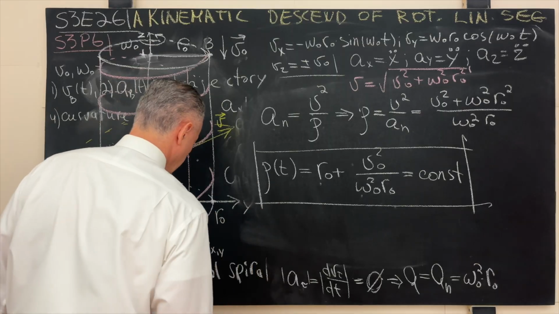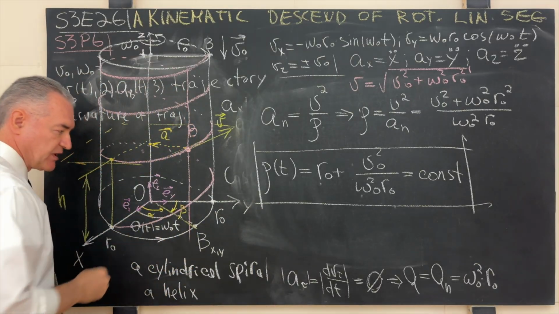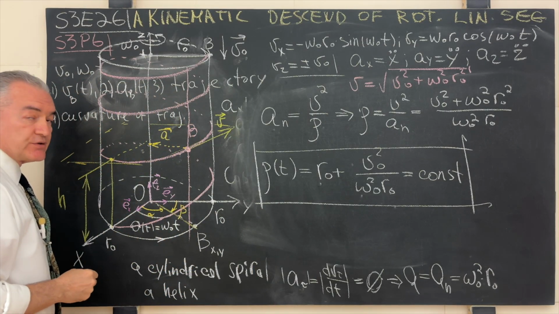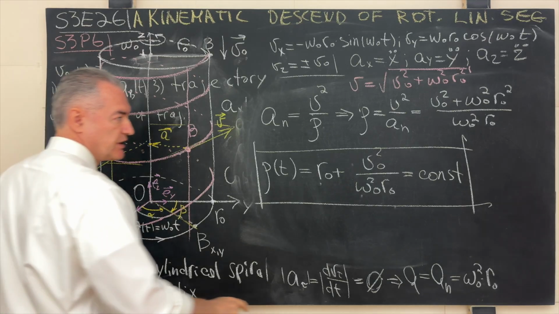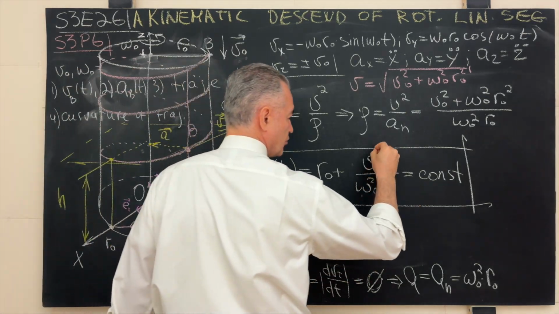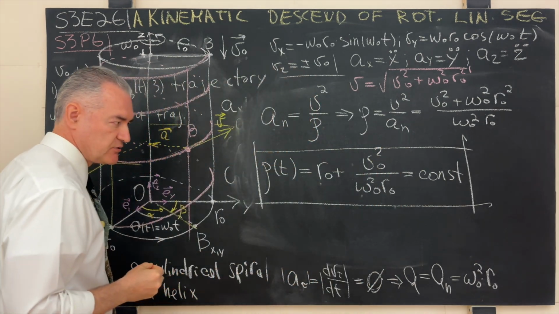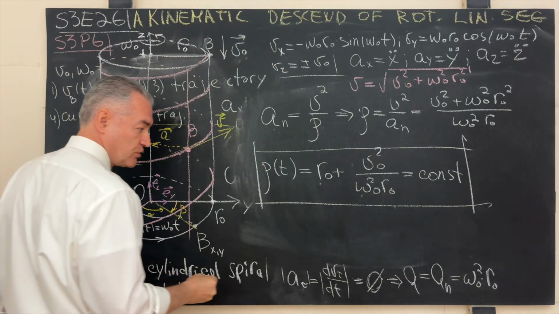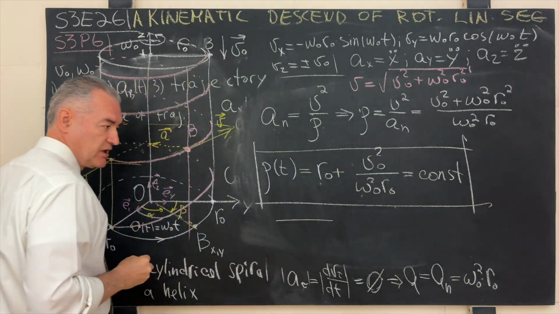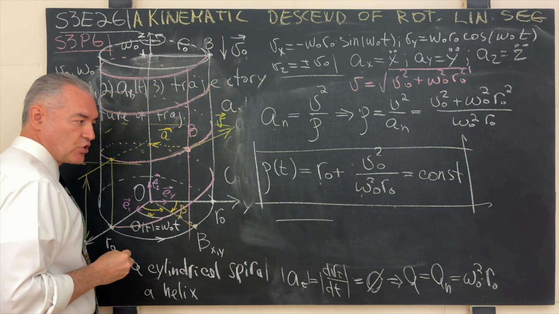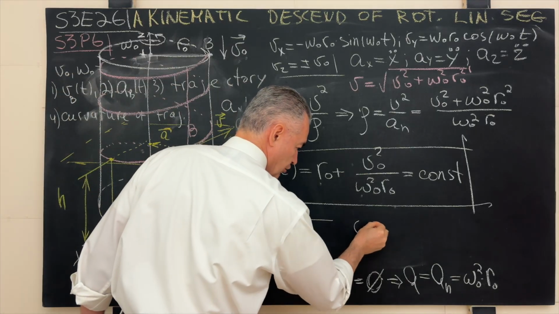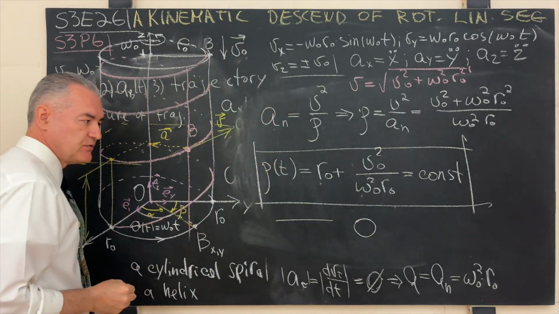The curvature of such a right circular cylindrical spiral, if you will, is constant. And from your middle school days, you remember what kind of curves have constant curvature. Well, a straight line has constant curvature. You know that a circle has a constant curvature.